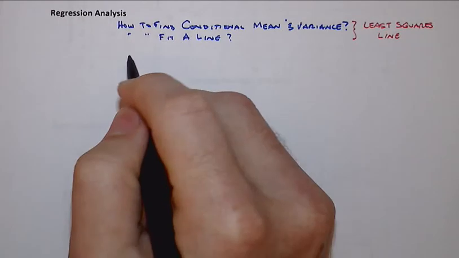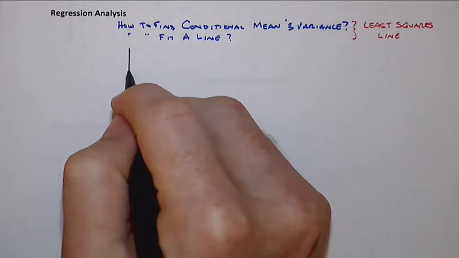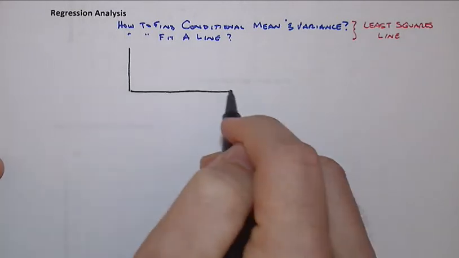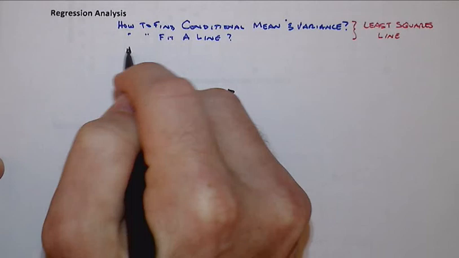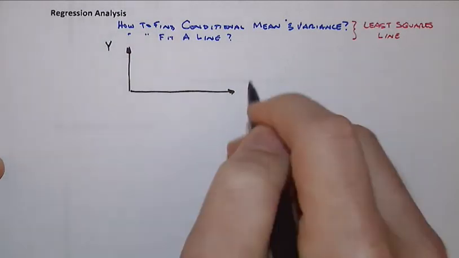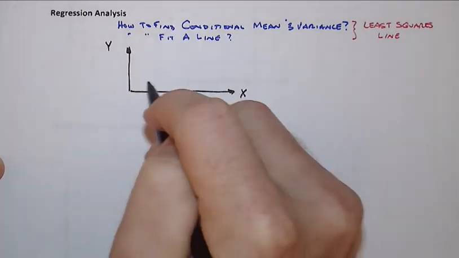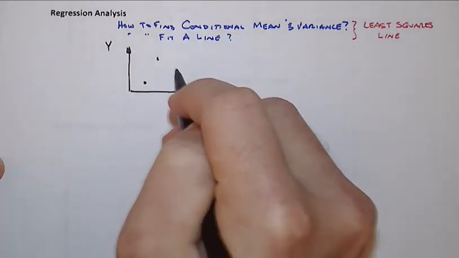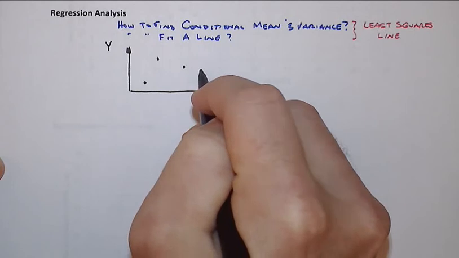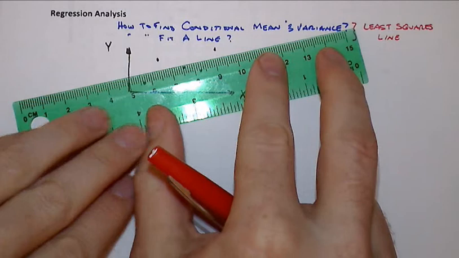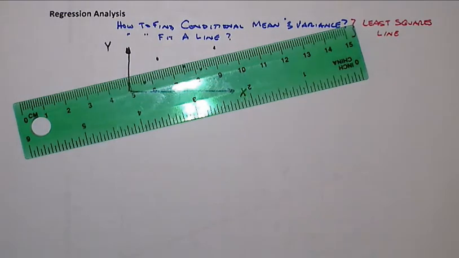Before we head off into a numerical example, let's set the stage between a response variable and an explanatory variable where we have collected joint data, and now we're trying to decide how to put a line through this data.